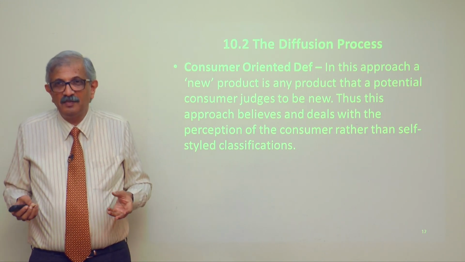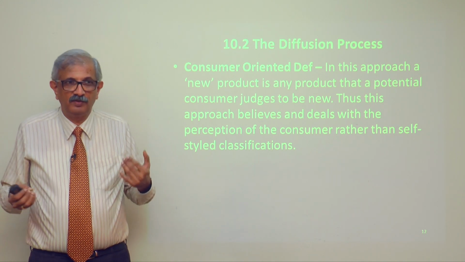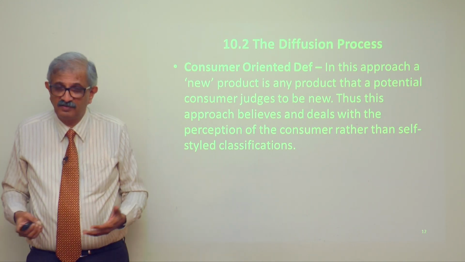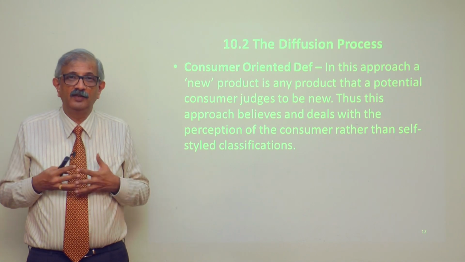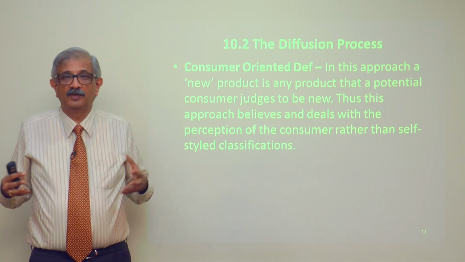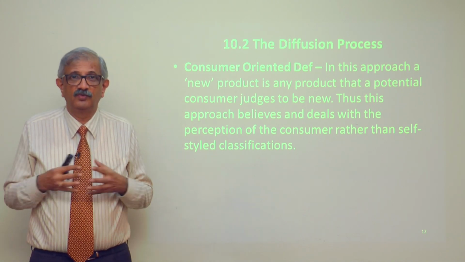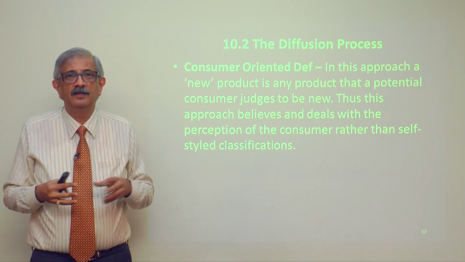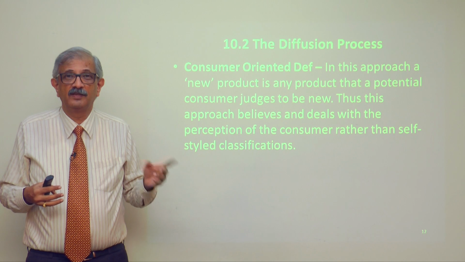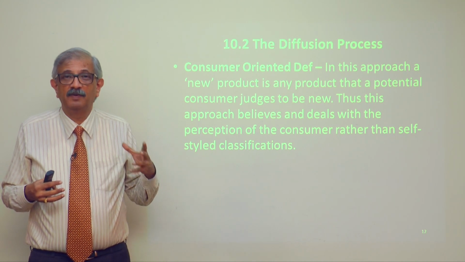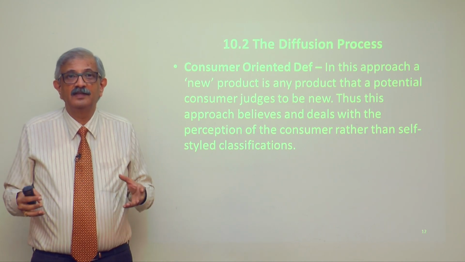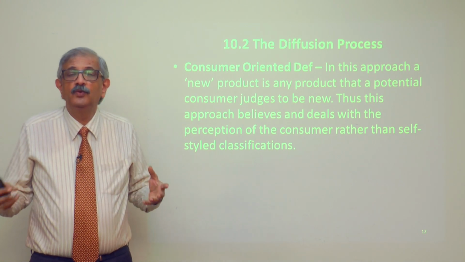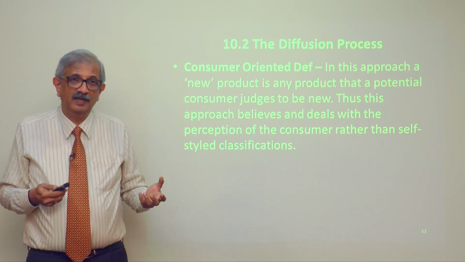It may be in the market, but the way it is now promoted and reaches the consumers, they are probably hearing of it for the first time and finding a utility in it. So it's a consumer-oriented new product. This approach deals with the perception of the consumers, what consumers perceive about it, rather than a self-style classification, rather than declaring it new on your own. The customer should believe it is new.